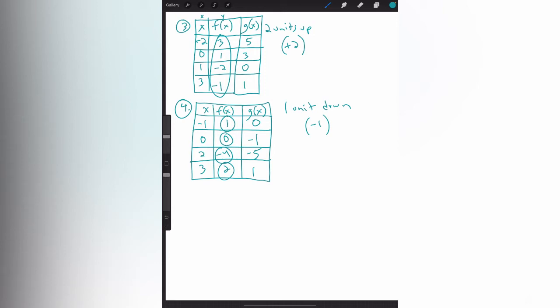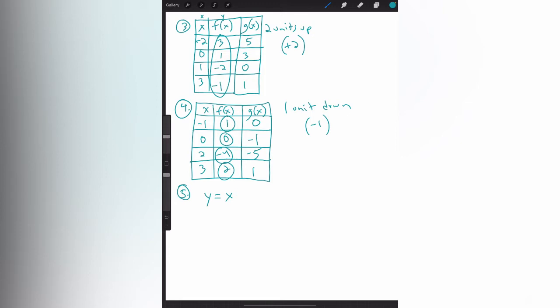Okay? Number 5, it says write an equation for each vertical translation. So it says y equals f of x. In this case, it wants me to go ahead and move 3 units up. So the way I could write that, I could say y equals x, and I want to move it 3 units up.